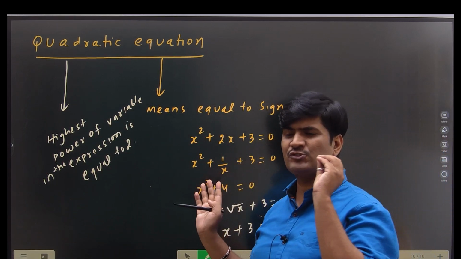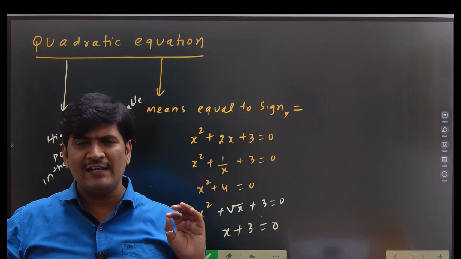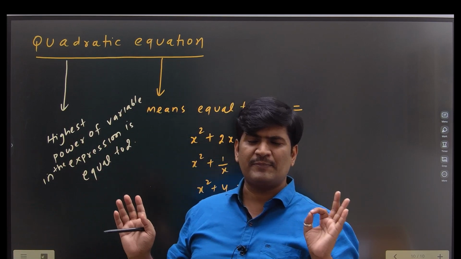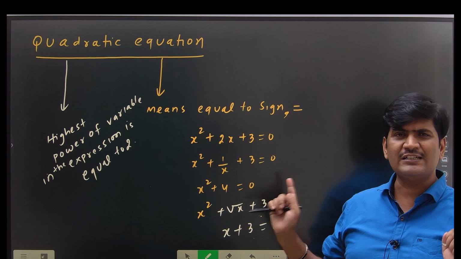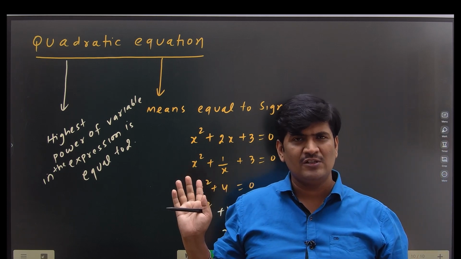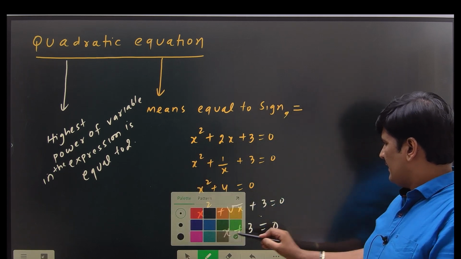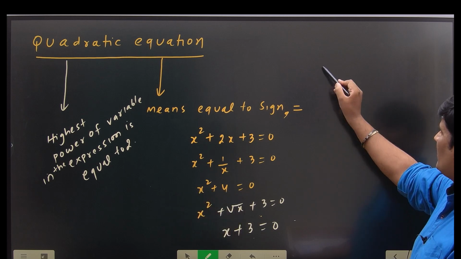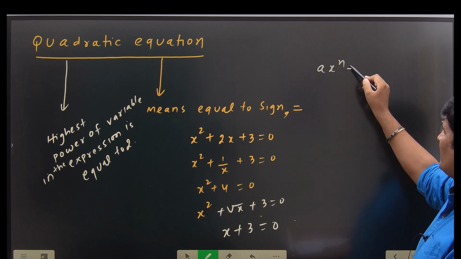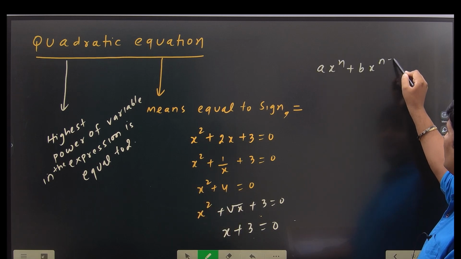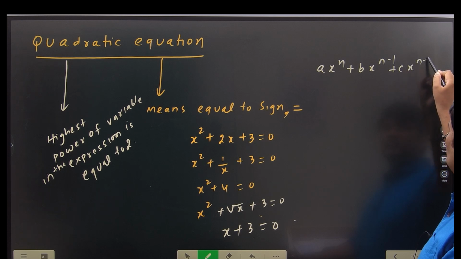First of all, while checking a quadratic expression, we have to check whether the expressions are polynomials or not. A standard form of the polynomial is a x to the power n plus b x to the power n minus 1 plus c x to the power n minus 2 plus d and so on.